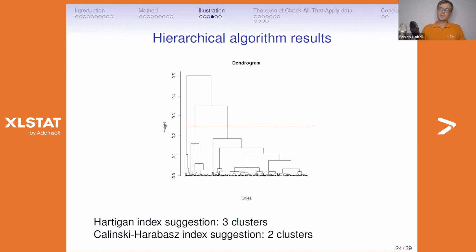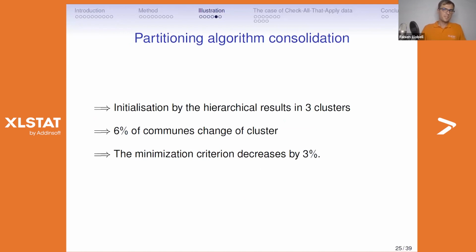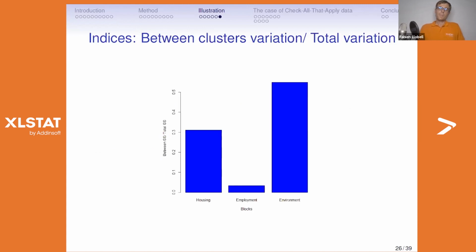The hierarchical algorithm results suggest we cut in 3 clusters, even if the Qannari index suggests only 2 clusters here. And for the partitioning algorithm, consolidation implies that the minimization criterion decreases by 3% here, and 6% of communes change cluster.